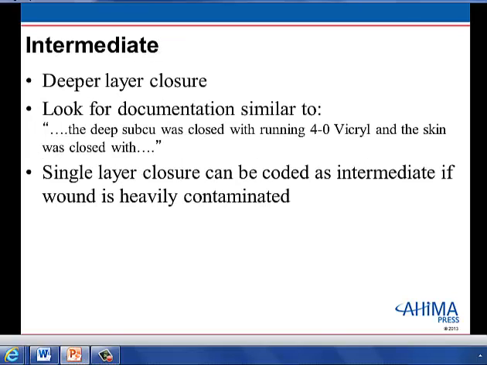Intermediate repairs are deeper layer closures. Look for documentation similar to "the deep subcutaneous, etc., was closed with, etc."